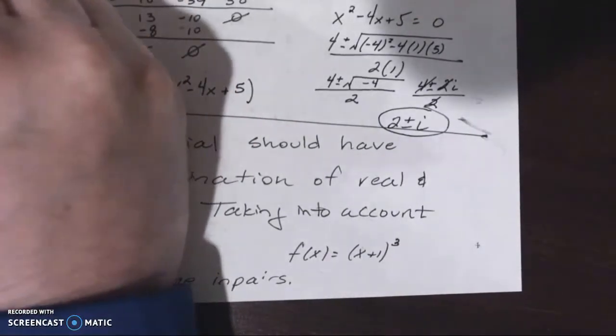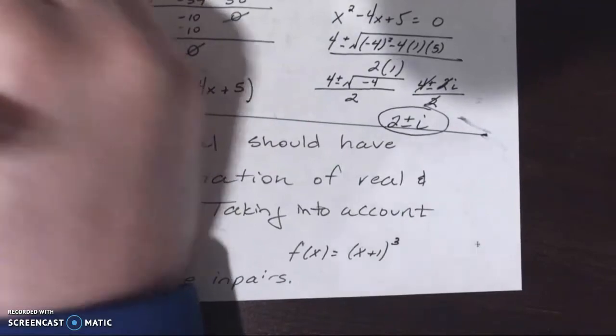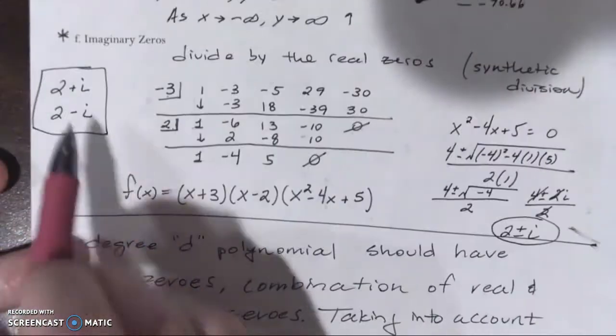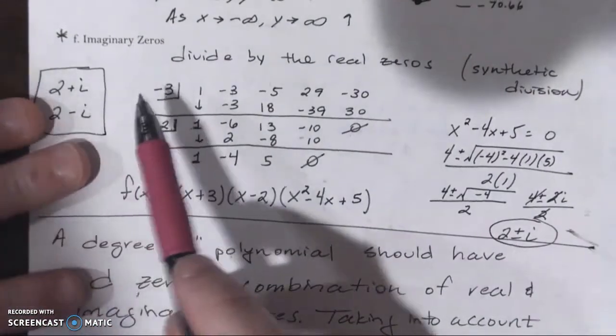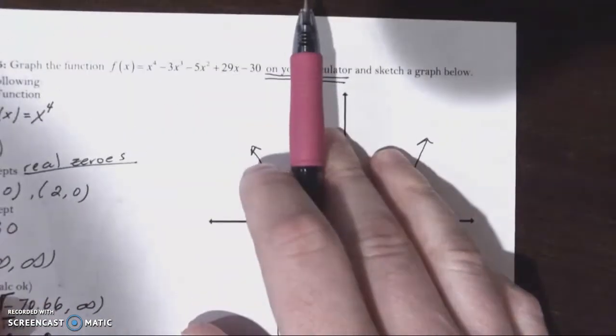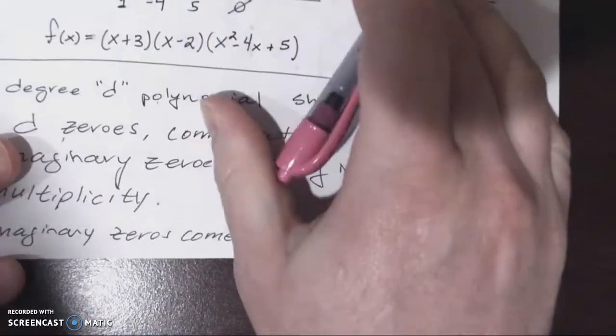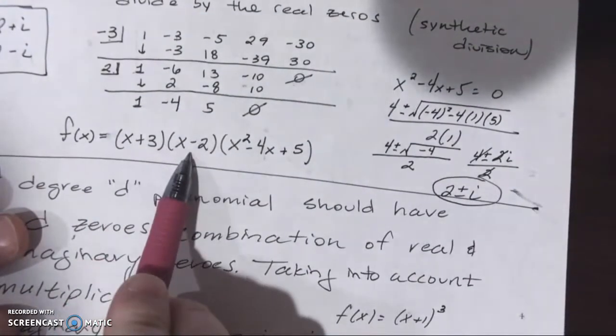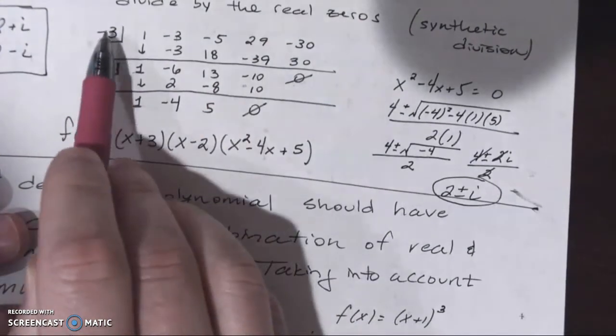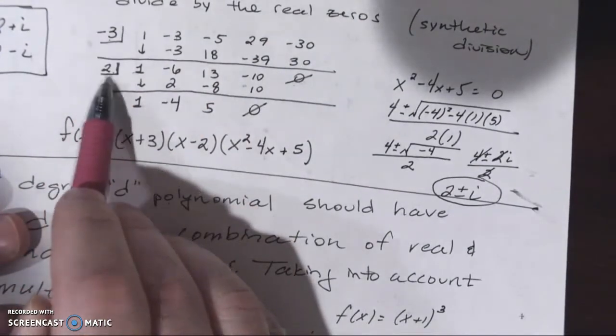All right. How many zeros in total did we have? Well, it was a fourth degree polynomial. We notice that the zeros cross, multiplicity of 1. We got these two factors from knowing that the zeros are -3 and 2 in the calculator.